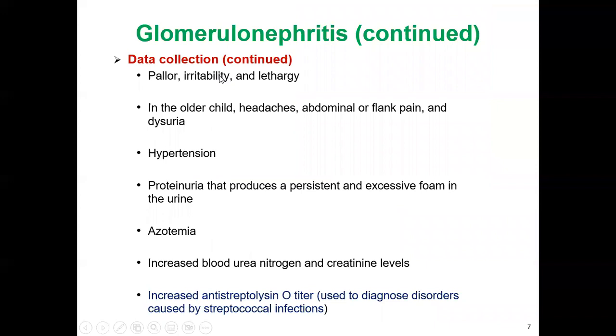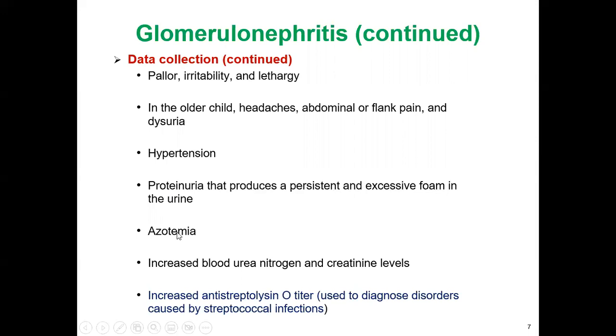What else? Other signs and symptoms like pallor, irritability, and lethargy. In an older client, headache, or in an older child, abdominal or flank pain, and dysuria, meaning a burning sensation during urination. Hypertension, and proteinuria that produces persistent or excess foam in urine.